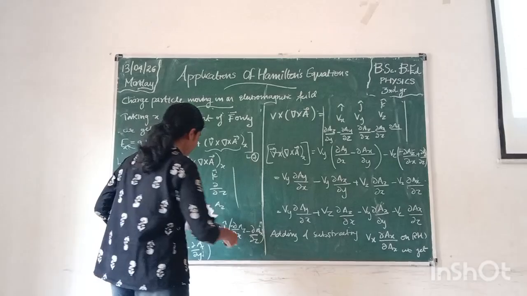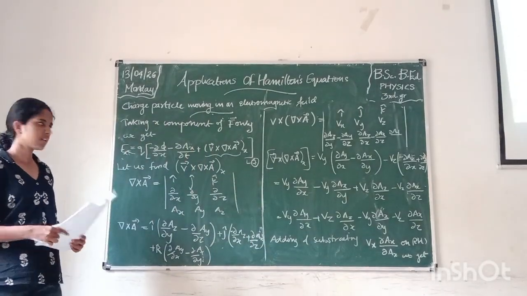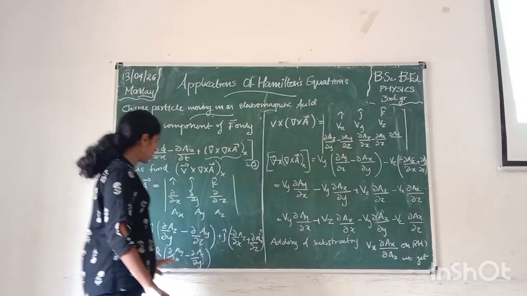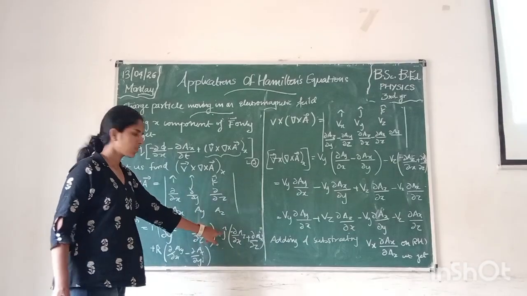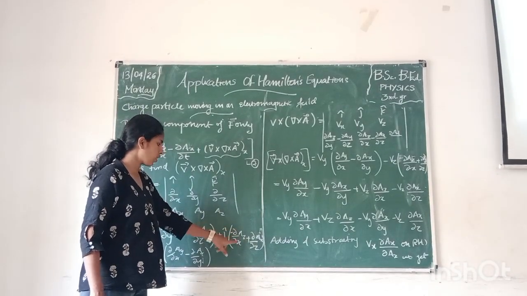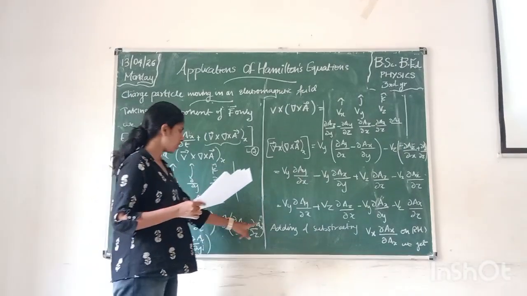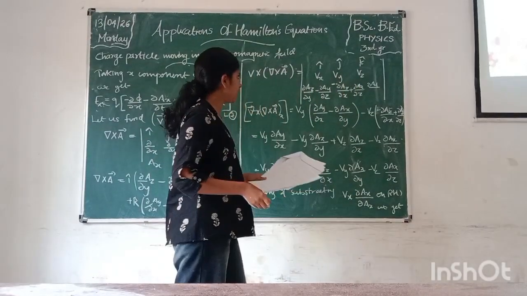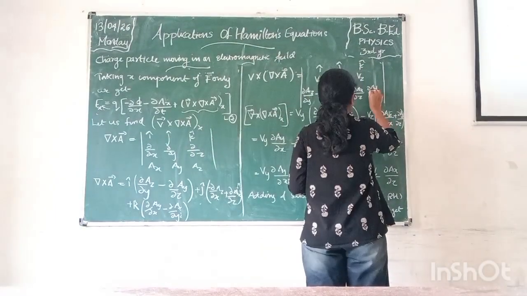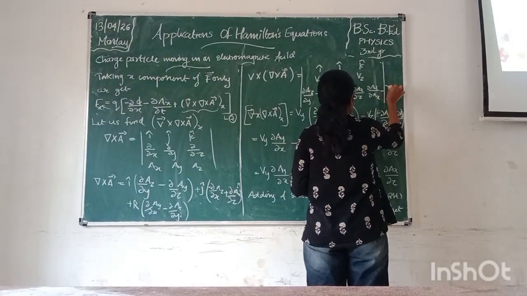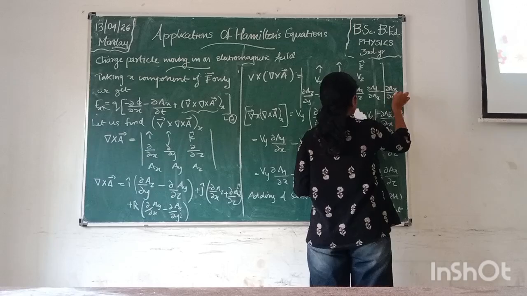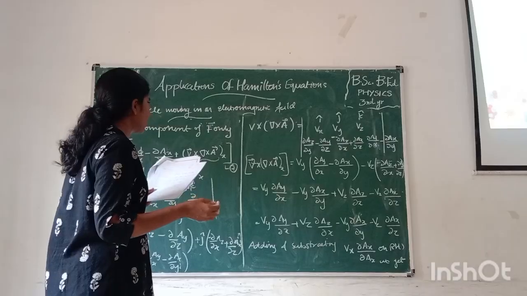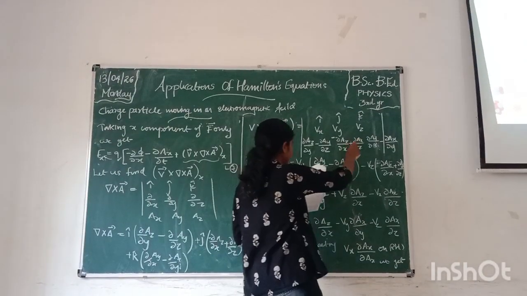Because this is the i, j, k components, we want to take not minus j but plus j, so we take the minus inside: minus ∂a_z/∂x plus ∂a_x/∂z. Then ∂a_y/∂x minus ∂a_x/∂y, and ∂a_z/∂x plus ∂a_x/∂z.